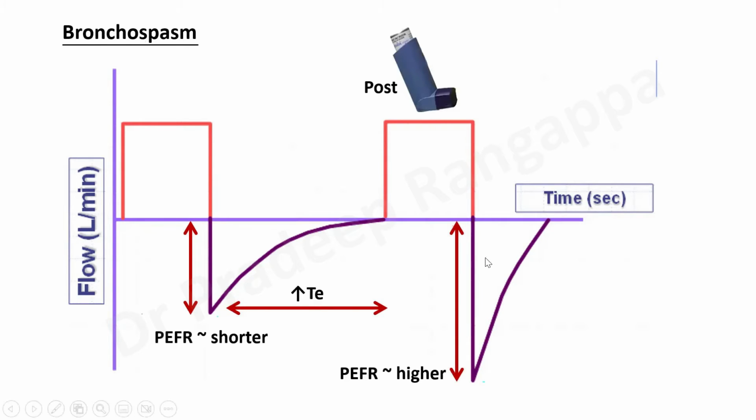But after you give a bronchodilator, you would see there is improvement in the peak expiratory flow rate, which tells you there is a patient who is responding to the bronchodilation, and this response can be identified by looking into the flow time, where your peak expiratory flow rate becomes higher or longer, and your expiratory time comes down. So this is something which you can appreciate in patients with bronchospasm in flow time.